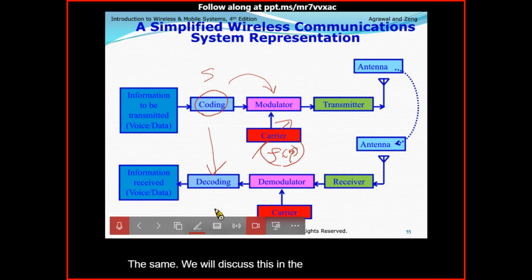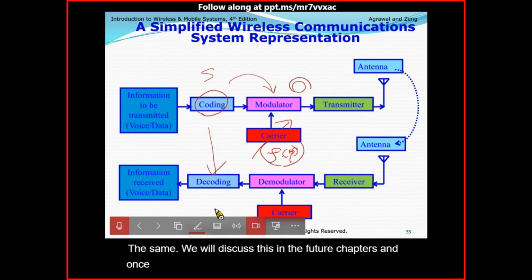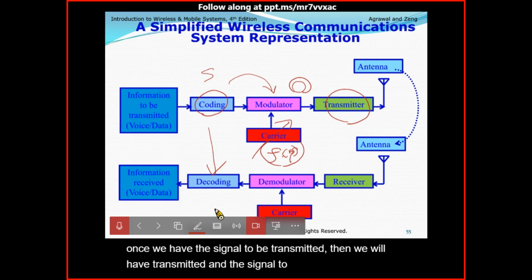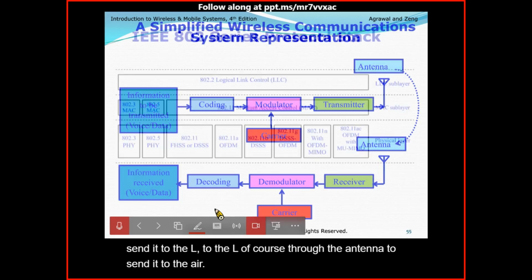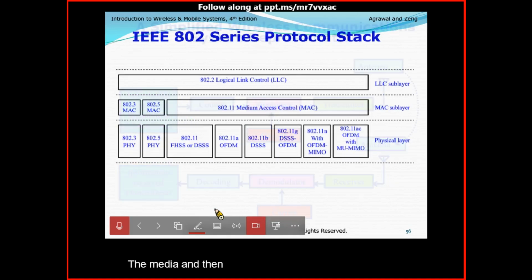And once we have the signal to be transmitted, then we will have a transmitter, and the signal is transmitted by the transmitter so that we can send it to the air, of course through the antenna, the media, and then it is received by the antenna of the receiver.